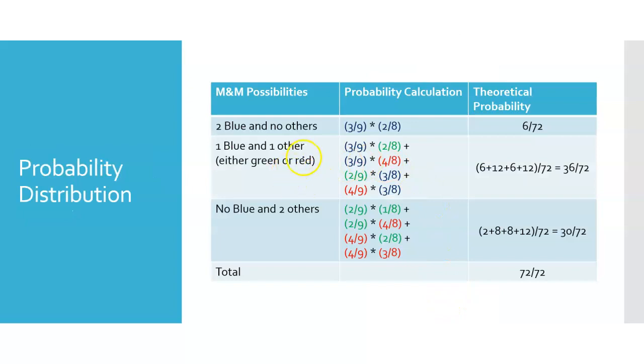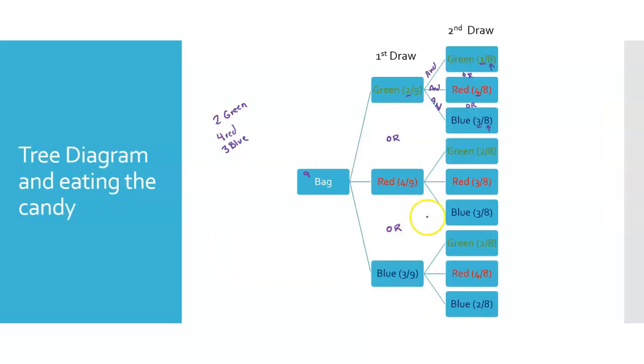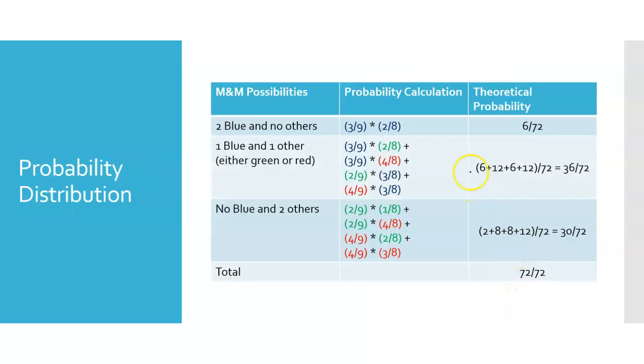But for 1 blue and 1 other color, we have a blue and a red, we have a blue and a green, we have a red and a blue, and a green and a blue. So there's 4 calculations that you'll see here, each containing at least 1 blue. And then we have no blues, and again, there's 4 calculations for that.